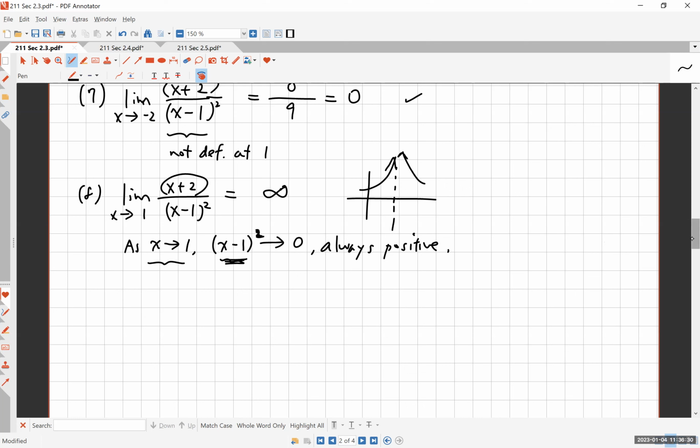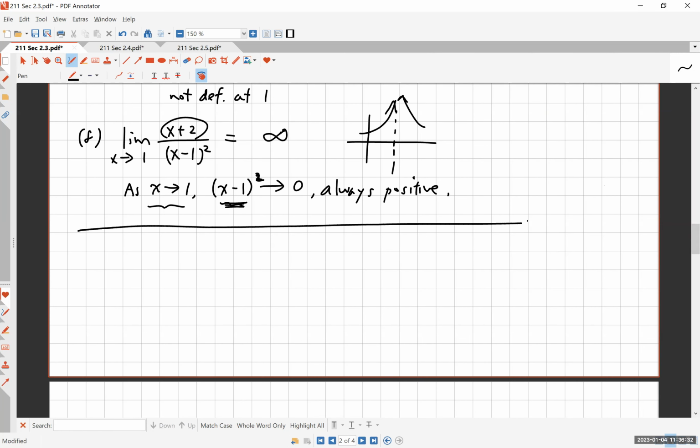I should say one more thing here before the section is over, 2.3. There is one more important concept in this section, and that is the theorem. Okay, this is a helpful theorem which will be valuable in giving us a pretty nice and very important limit, which we will talk about.